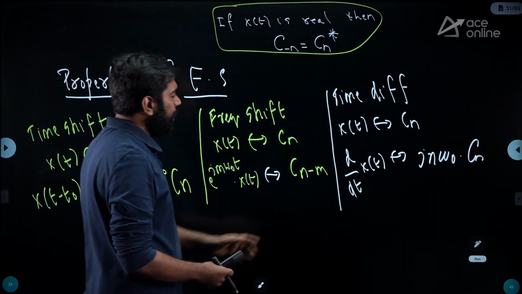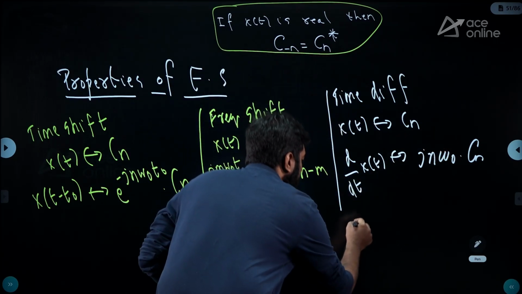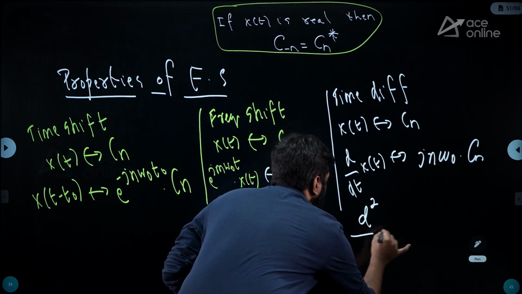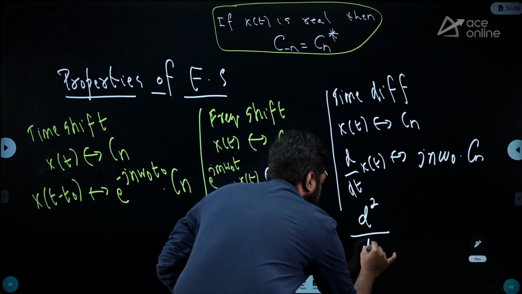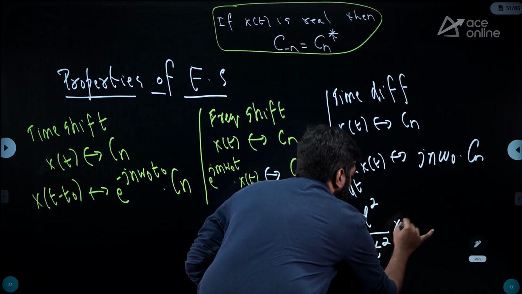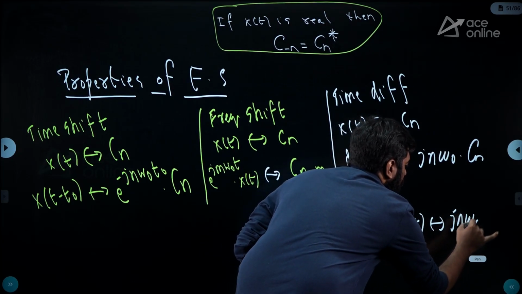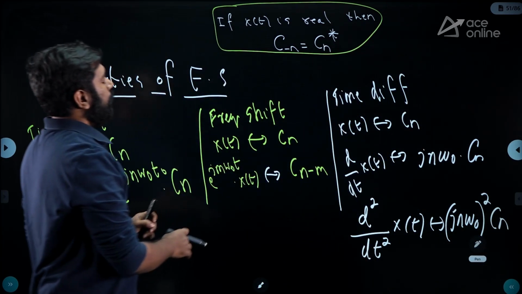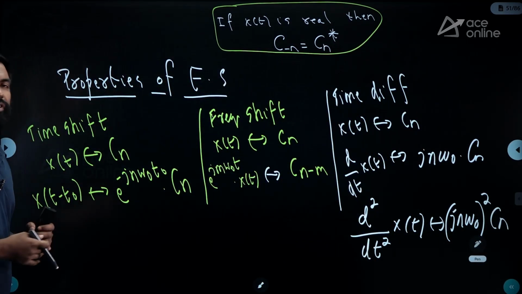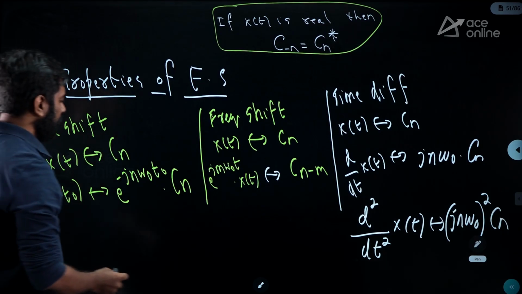If you have a second derivative, then it will be j n omega naught whole square into Cn. You can expect questions from these properties, students. There are few more properties.